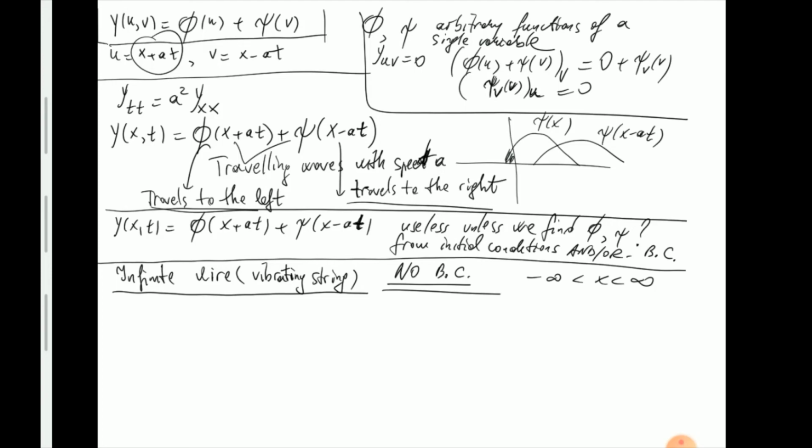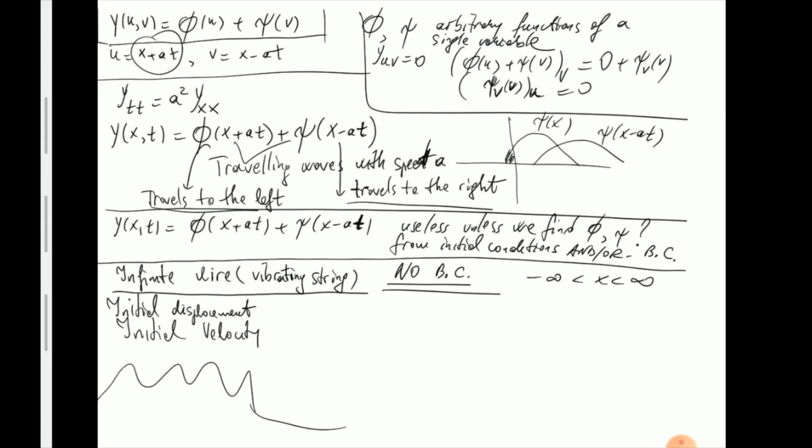And the only thing we have is some initial displacement and initial velocity. So this string is deformed, but again, it has infinite length. And this deformation, this initial displacement, is given by a function. So let's say y of x, 0. At time 0, the displacement is given by some function f of x, which is known or given.